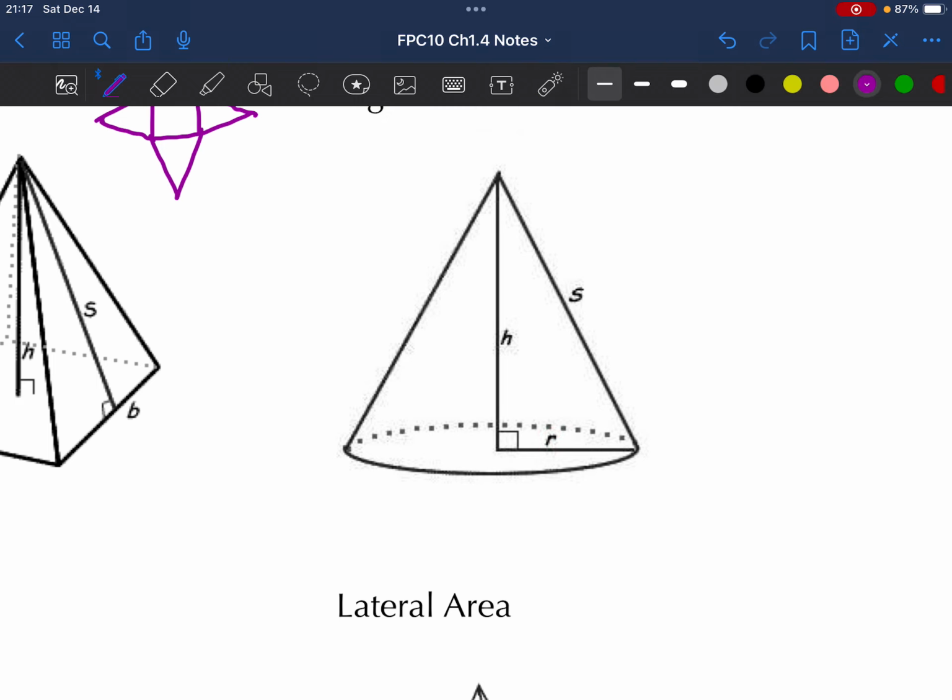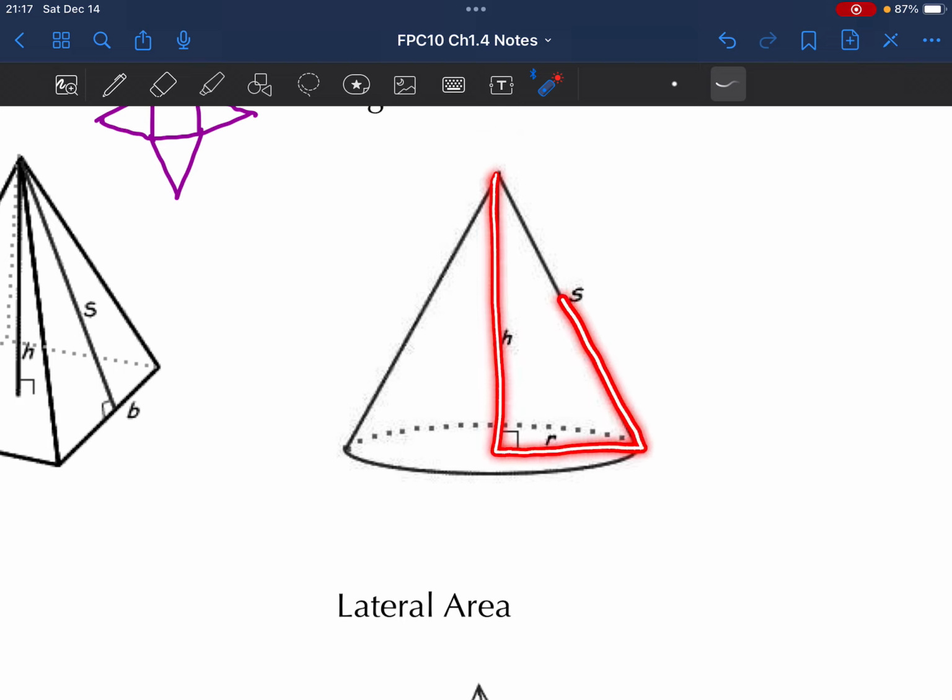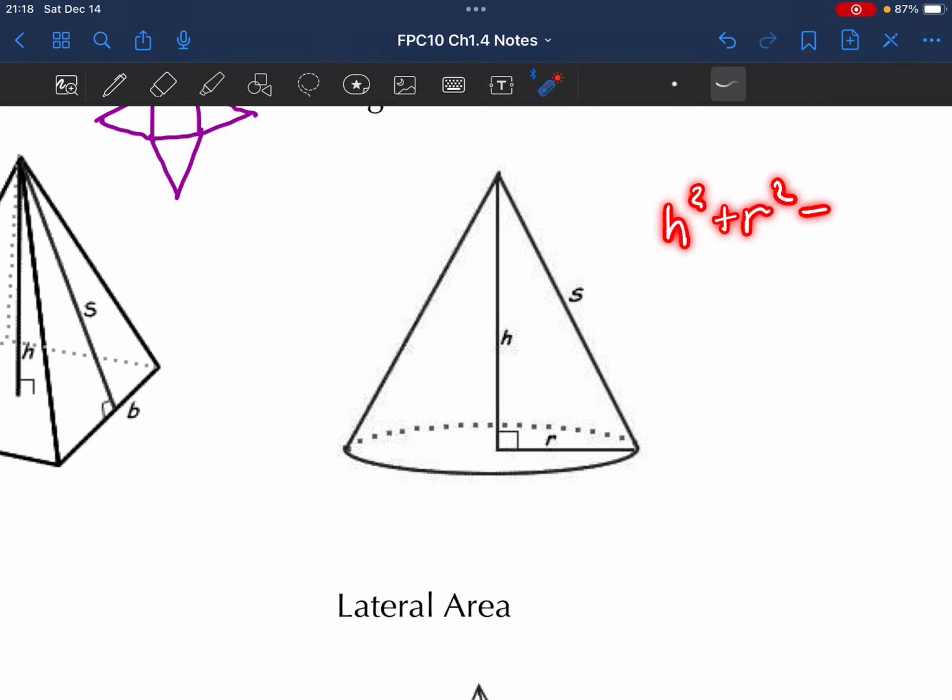Now, I hope that you can see from this picture very clearly that there's a right triangle right here. And we can use Pythagoras' theorem, if we're given the radius and the height, to determine the slant height, using h squared plus r squared is equal to s squared.